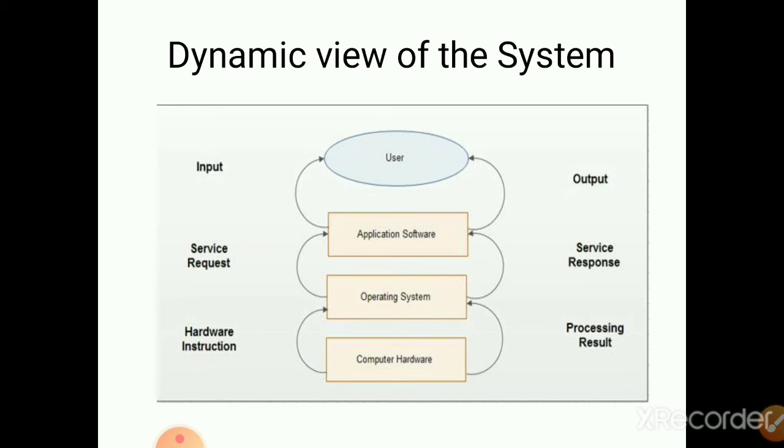The application software accepts the request from the user and passes it to the operating system as a service request. The operating system accepts the service request and performs control over the hardware. In this case, it is the actual responsibility of the operating system to write the contents on the hard disk.